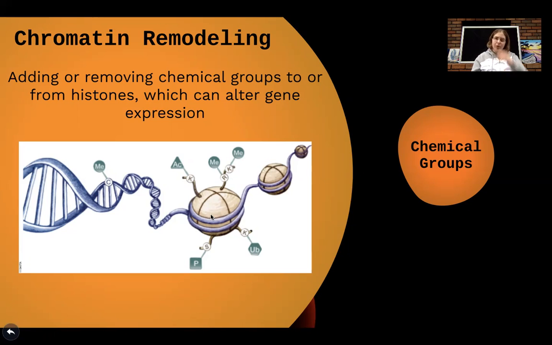Now, there are three major ones we're going to talk about, and we're going to talk especially about how two of them affect transcription. As we also mentioned in the last section, your body naturally turns genes on and off as you grow and develop.